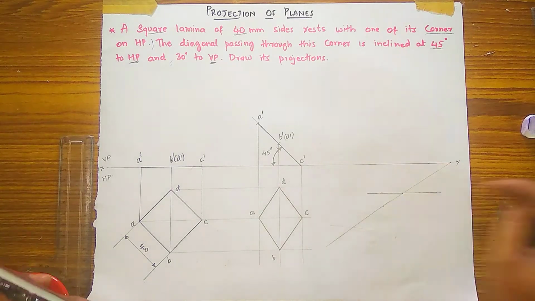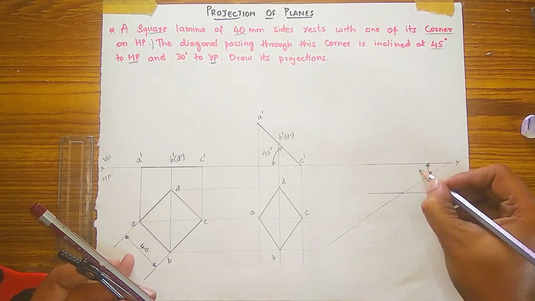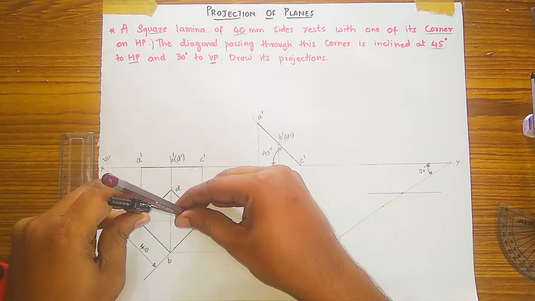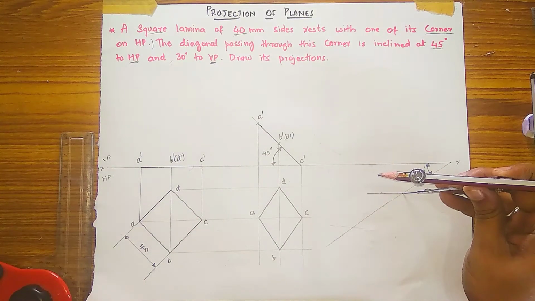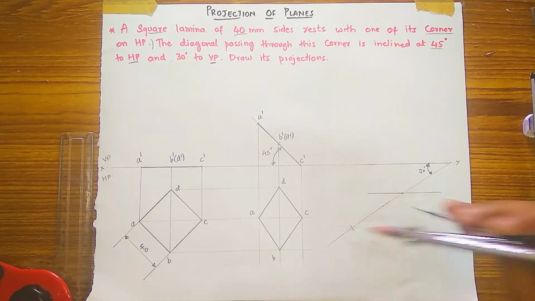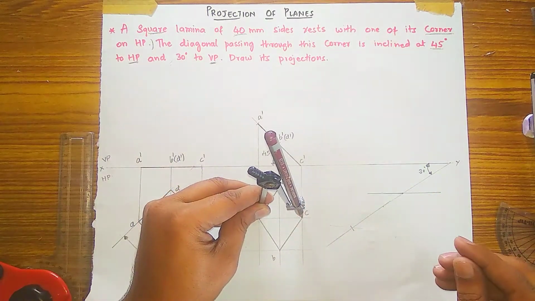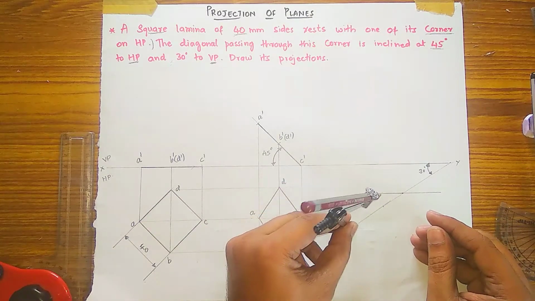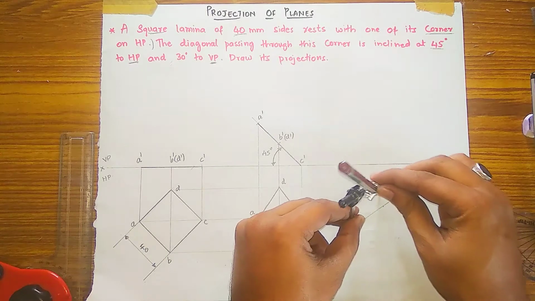After taking the 30 degree angle as given in the question, you have to measure this diagonal from A to C. Then you keep it here and put an arc. Then measure this A to C, the second projection top view diagonal, keep it on the other end, and on that parallel line make an arc.